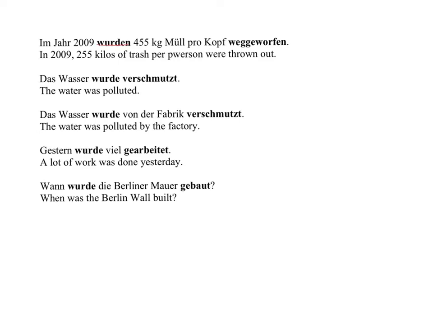So wurden was used because we're talking about 455 kilograms of garbage. That's certainly plural. So we're using the plural form of wurden. So they were. And then wegwerfen, to throw out. Past tense weggeworfen, they were thrown out. This sentence had time first because that is what the Germans prefer. So time, then verb is always second, so the subject came after it.